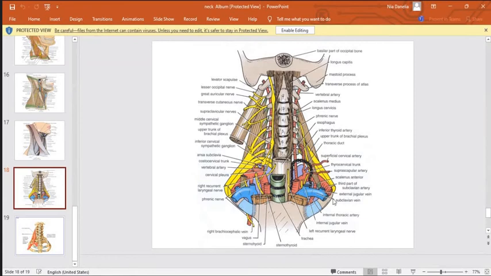Location of these vessels, this artery and brachial plexus, is in the muscular spaces which we have between the scalenus muscles. So except fat spaces, which is located between the fascias, we have muscular spaces on the neck, which is present between these scalenus muscles, and these muscular spaces lie where?